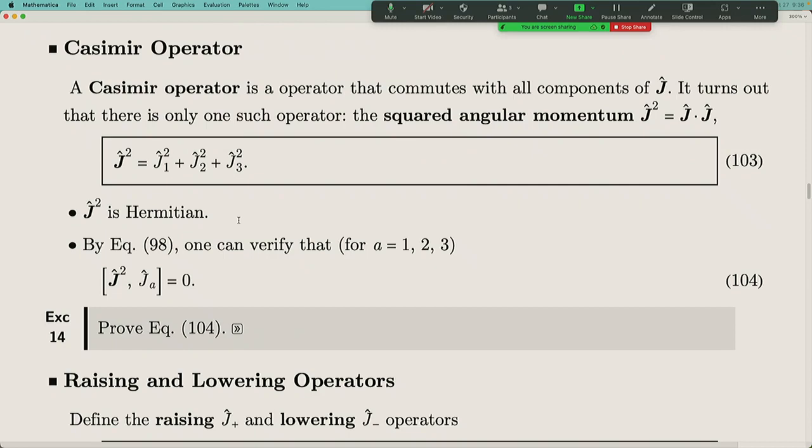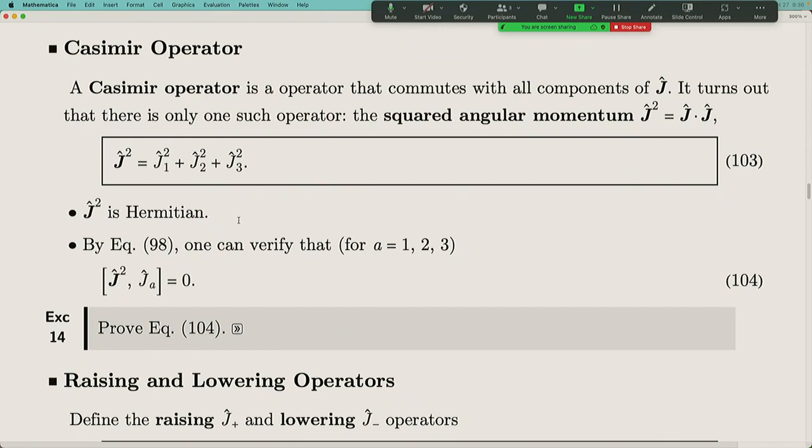When you square an operator, you should think of it as a big matrix and you are multiplying the matrix with itself. So J^2 is also a Hermitian operator. I forgot to mention that J1, J2, and J3 are all Hermitian operators because they correspond to physical observables, and by definition they must be Hermitian.